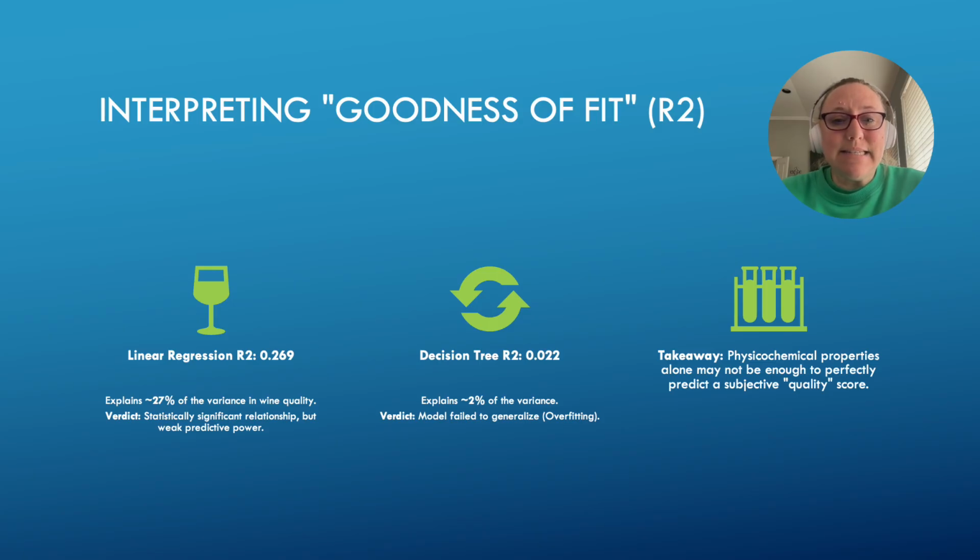While this is statistically significant, it does leave the 73% of the quality unexplained, likely due to factors not in our data set, like brand reputation or age. The decision tree score of 0.02 essentially means it learned nothing useful about the general population of the wines, likely because it memorized the training data way too closely.